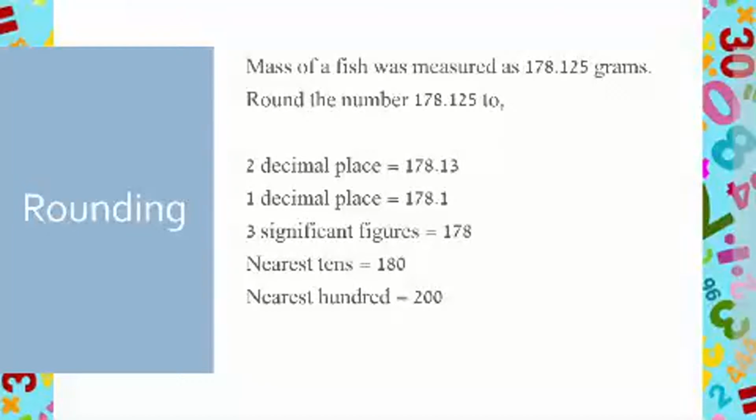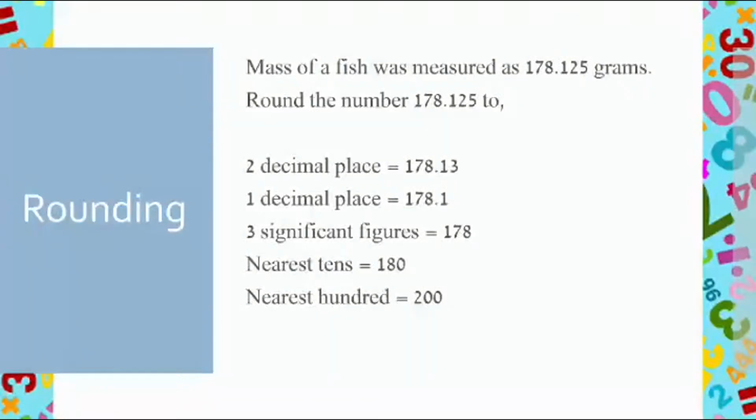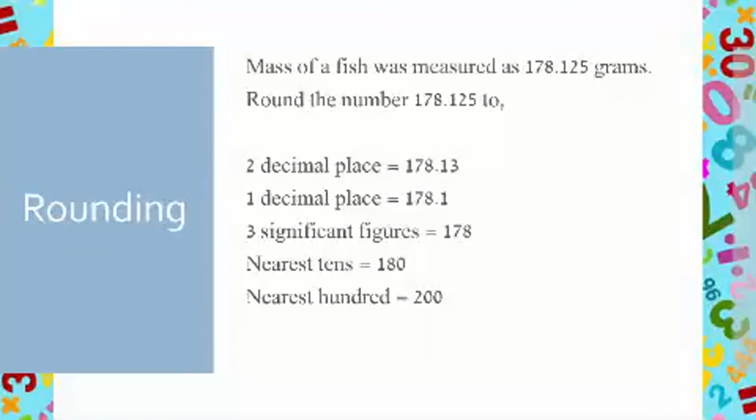These are the answers. When you are rounding the number to two decimal places, you have to take into consideration the first two numbers after the decimal, which are mandatory for you to write, because after the decimal is where your rounding is. But what would be the last number?